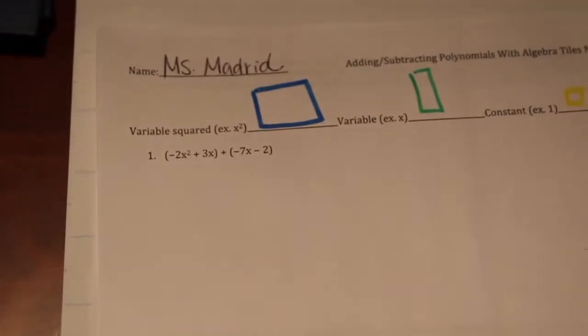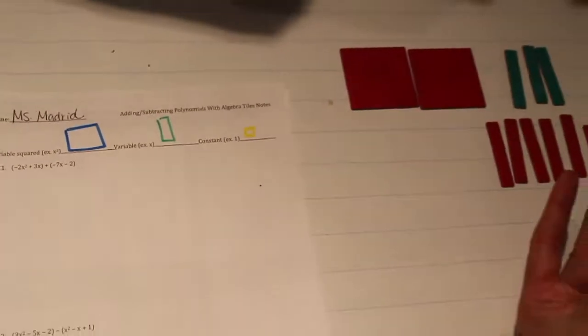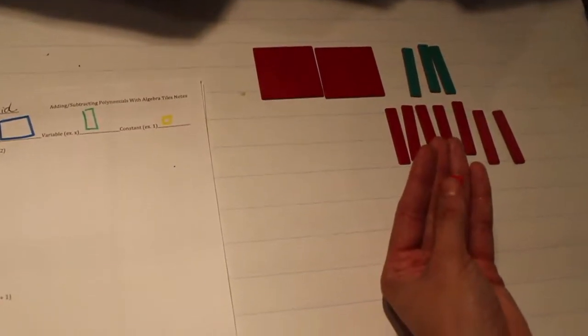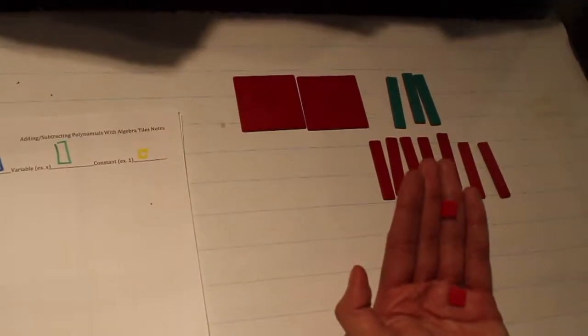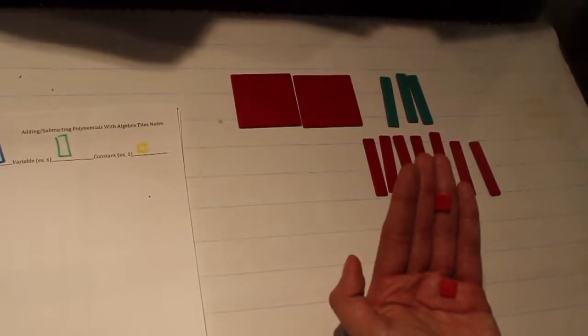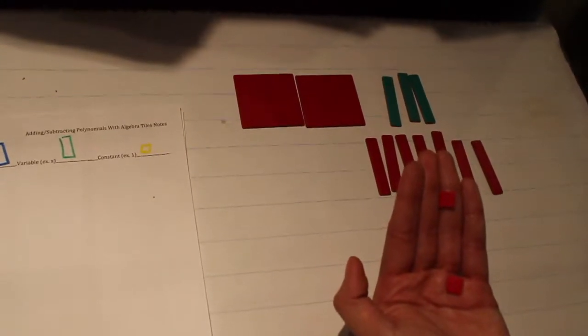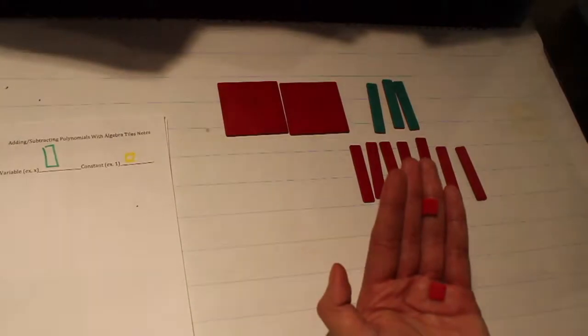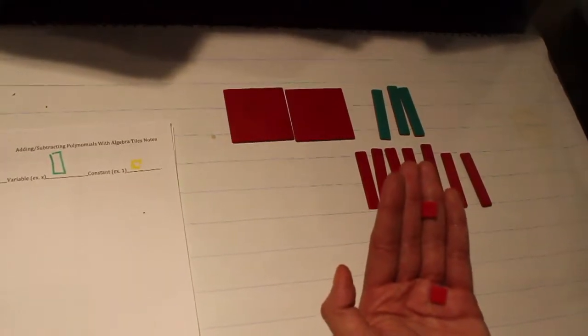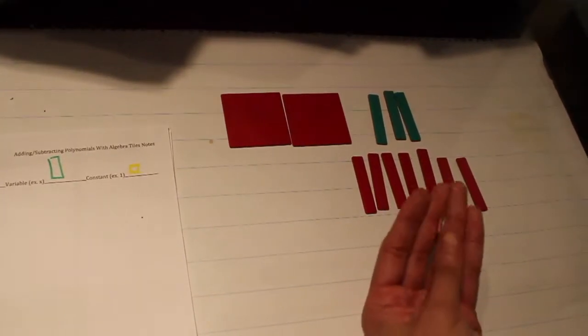Then it says minus 2, which tells us we need 2 of the 1's tiles. But because it is negative, we need to flip them to the red side. And remember, we place these under their like term from the first polynomial. And if there is no like term in the previous polynomial, we will place the constants at the end.